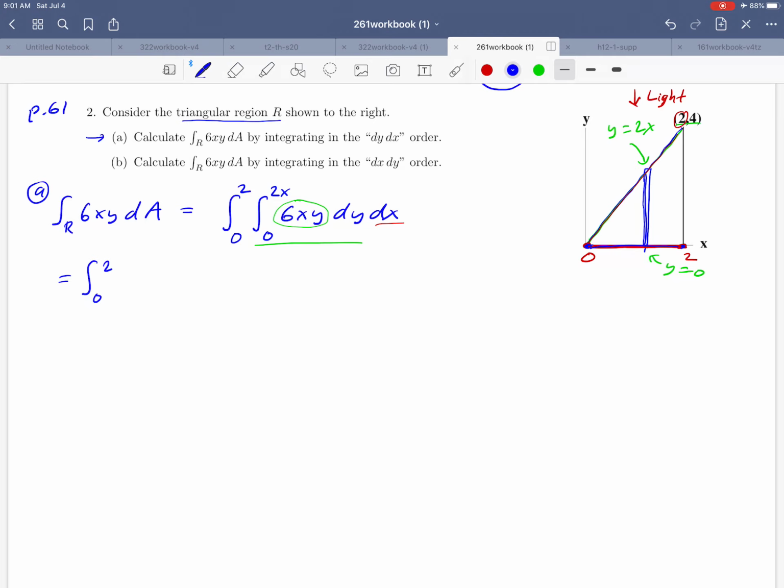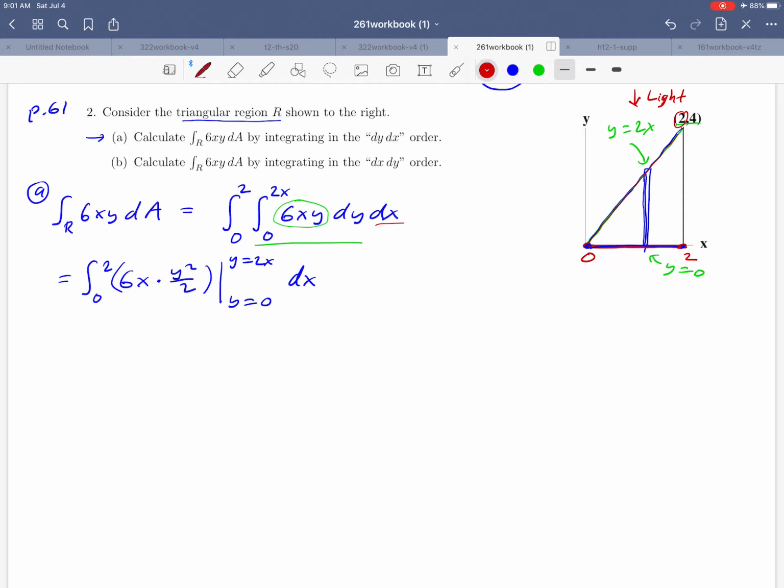So we're going to get 6x times the antiderivative of y, which is y squared over 2, and then we're going to evaluate that between 2x and 0. I want to remind you that those limits are values of y, so I'm going to write y equals 2x and y equals 0. And then we've still got a dx at the end of all of this.